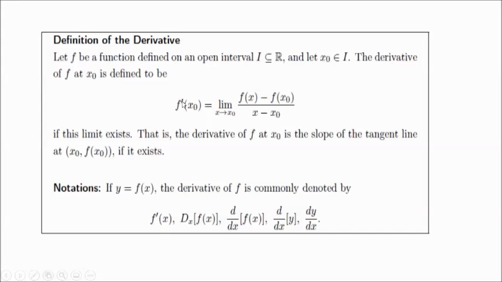Ito yung designation ng derivative, class. Take note. So, ito yung f prime x, or kapag ganito, pwede rin. Kapag merong d doon, then f of x or y, since y is equal to f of x, or ganito. These notations, class, are all the same. Okay, take note. The same lang, it means derivative.